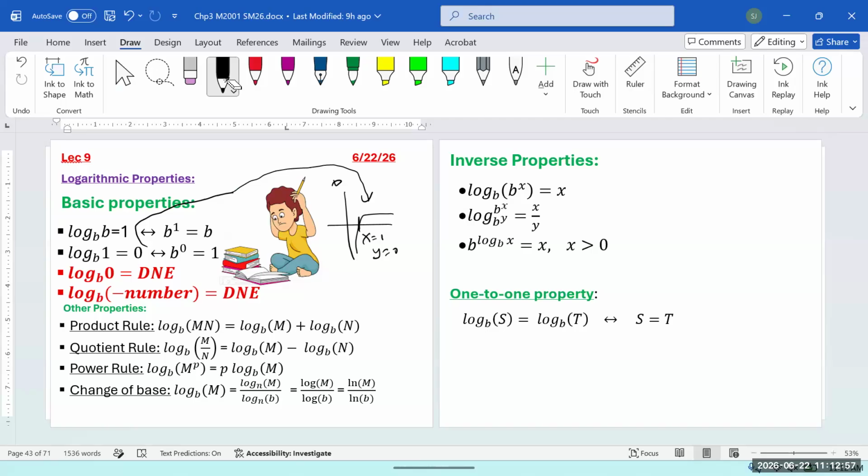And then log 0 doesn't exist because when x is 0, we have a vertical asymptote here. So there is no y value.